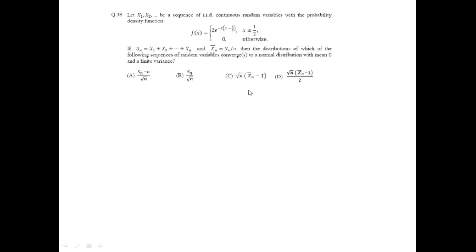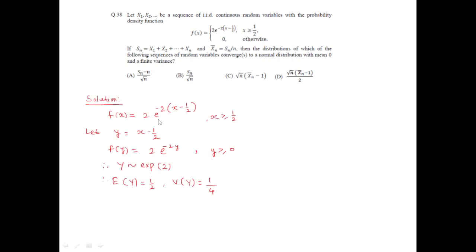To solve this question, we have to apply the central limit theorem for Sn first and then for X bar n also. Let's see the solution. The given PDF is this one. Make the substitution y equal to 2 times (x minus 1).